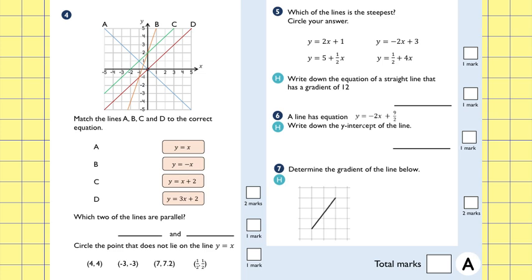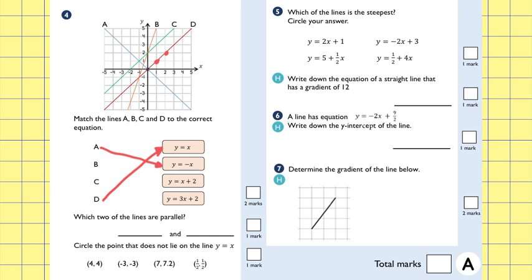Looking at the graphs, I can see that the graph where the y coordinate is always the same as the x coordinate is this one. So it is D. Now y equals -x. There's only one with a negative gradient, and that is A. So that must be that one.